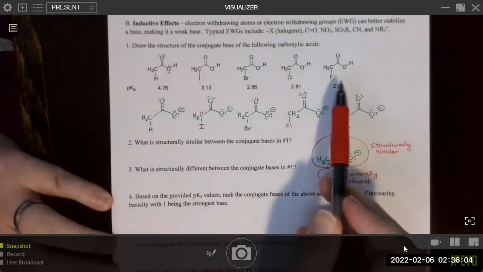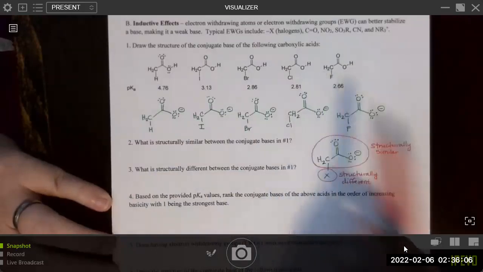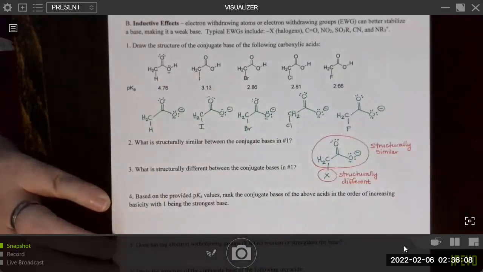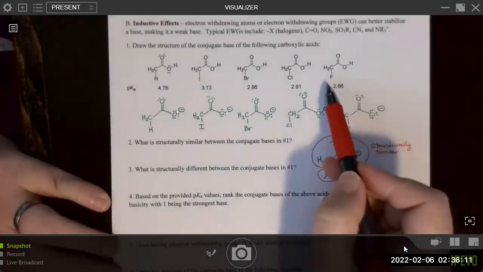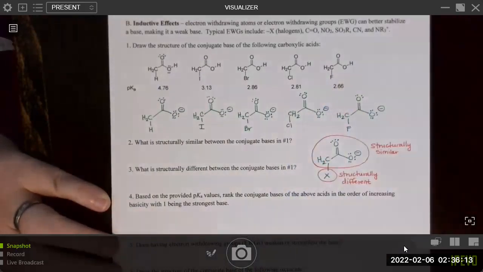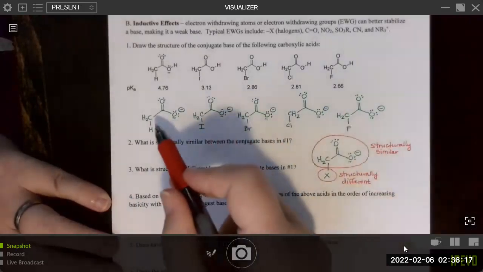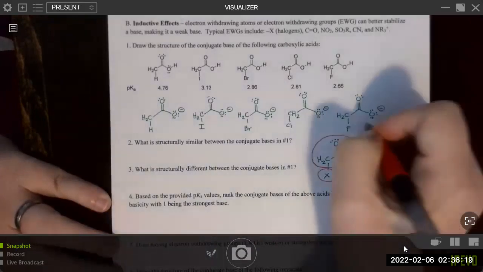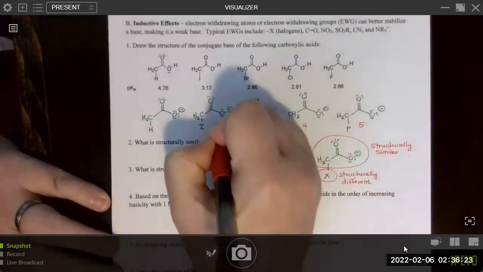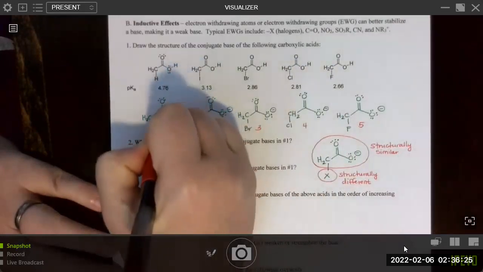So don't forget that the lowest pKa value is the strongest acid. Okay, so if this is the strongest acid, then this would be predicted to be the weakest base. So we need to march our way up to the strongest base. Okay, so let's go with 5, 4, 3, 2, 1.